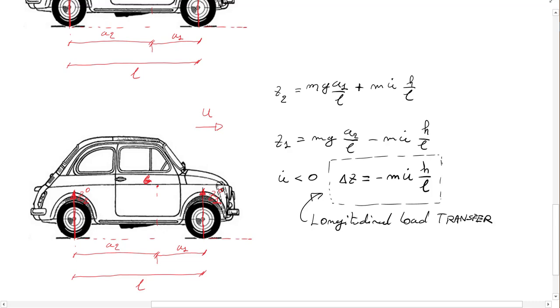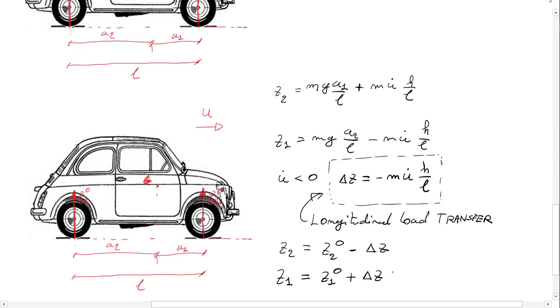In this situation we know that Z2 will be equal to Z2 0 minus delta Z, and Z1 will be equal to Z1 0 plus delta Z.